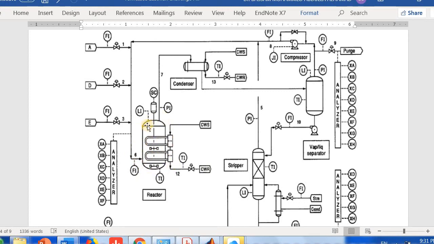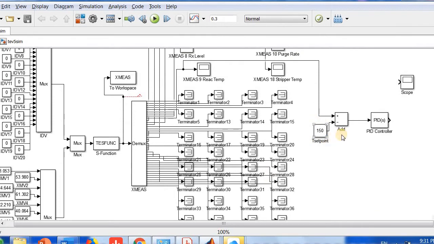If I want to control this, I measure the temperature here, and to change the temperature inside the reactor, I cool down the system. You can see the cooling water going like that, and it goes inside here, and then it goes out. So I'm using the cooling water to cool the system, and this is the way we are trying to control the temperature.